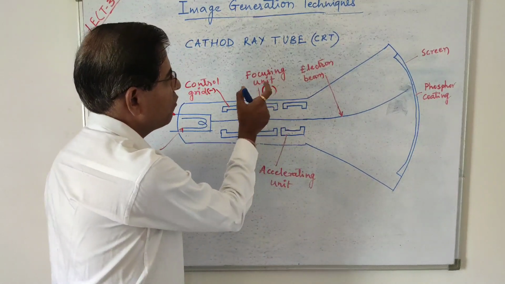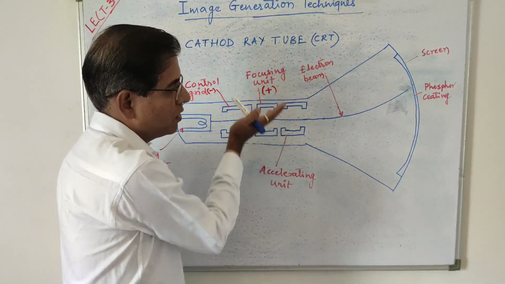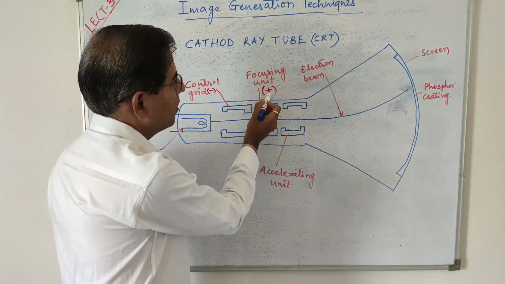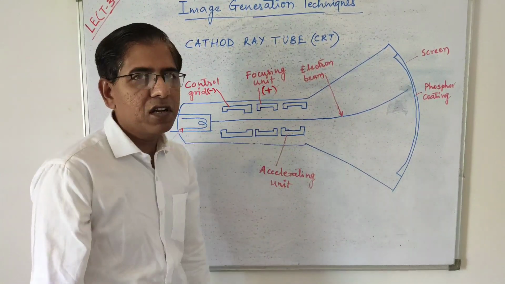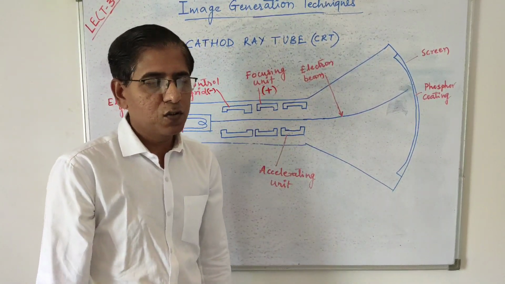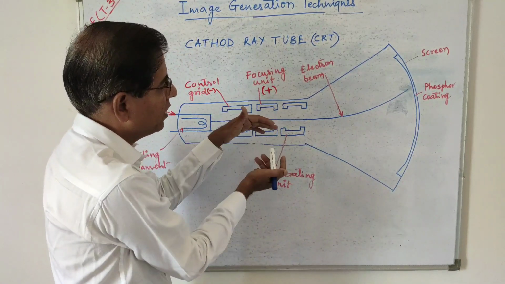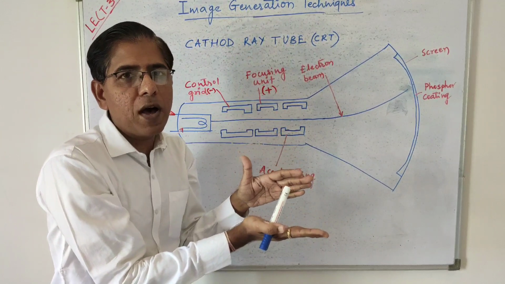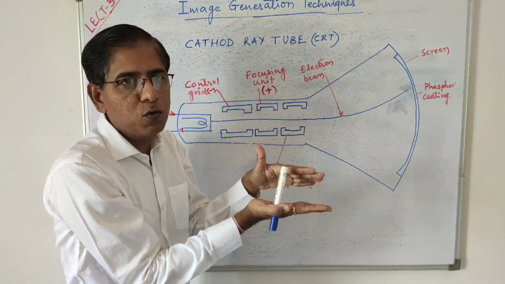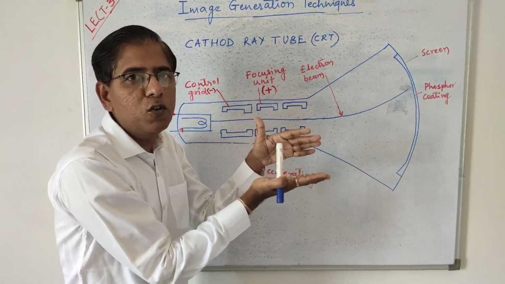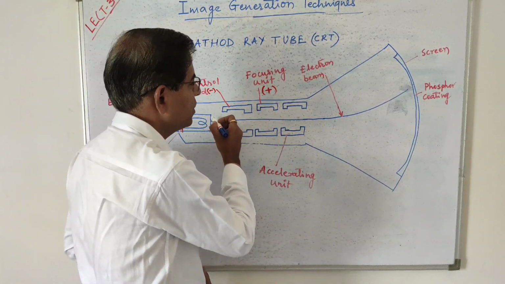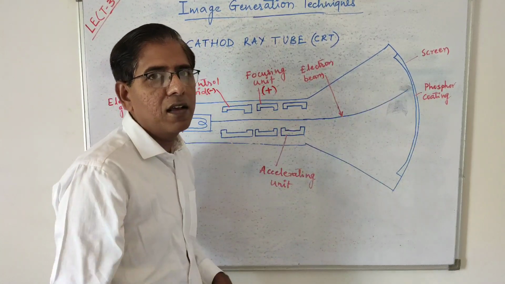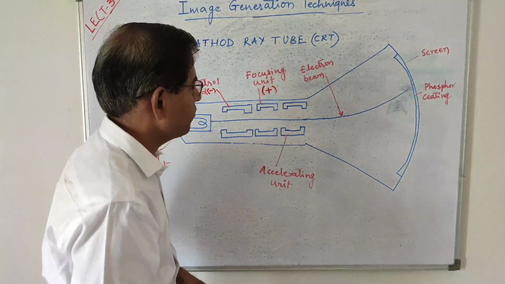So the function of the focusing unit is to adjust the path, and it is given a positively charged voltage. Because of the positive and negative, the electrons get attracted and they shift from the original position to a new position, and because of this it changes the path as and when required.